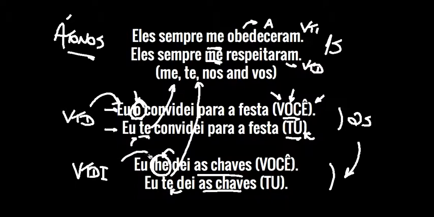If we have the indirect object, we need to use le. And since the pronoun of treatment você follows the same third person conjugation, then we also use o for direct and le for indirect.